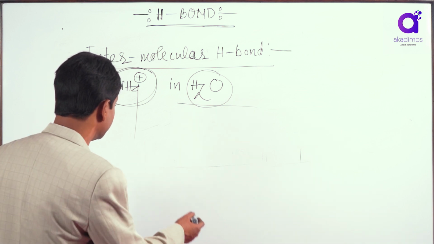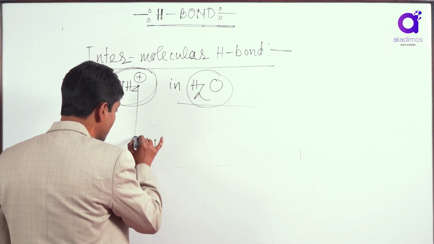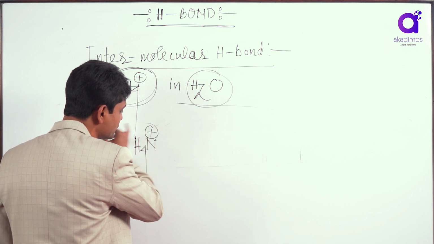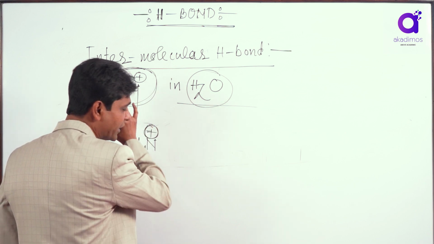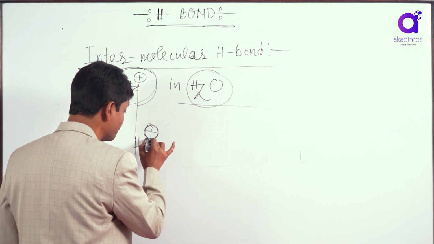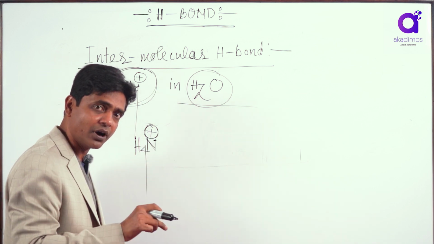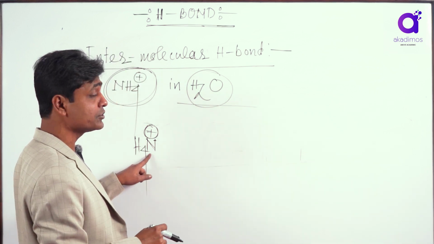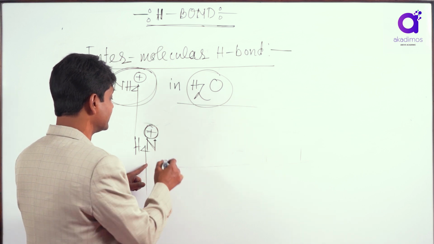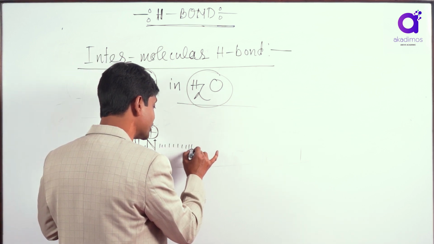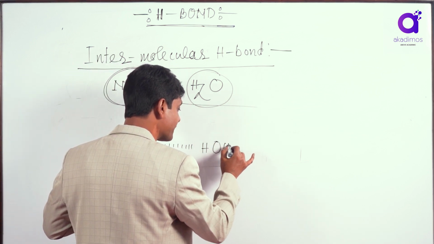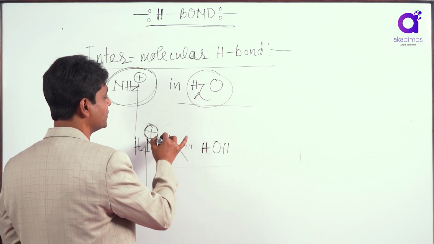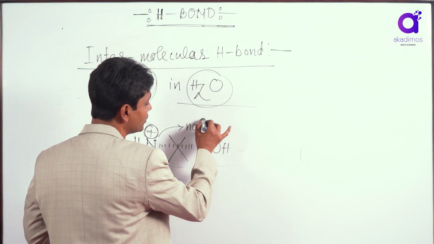But remember, in the ammonium ion, as I have discussed with you, it is positively charged. It has no lone pair of electrons. And a lone pair is the criterion to form the hydrogen bond. Since in ammonium the nitrogen has no lone pair, the hydrogen bond between hydrogen of water and nitrogen of ammonium never forms.